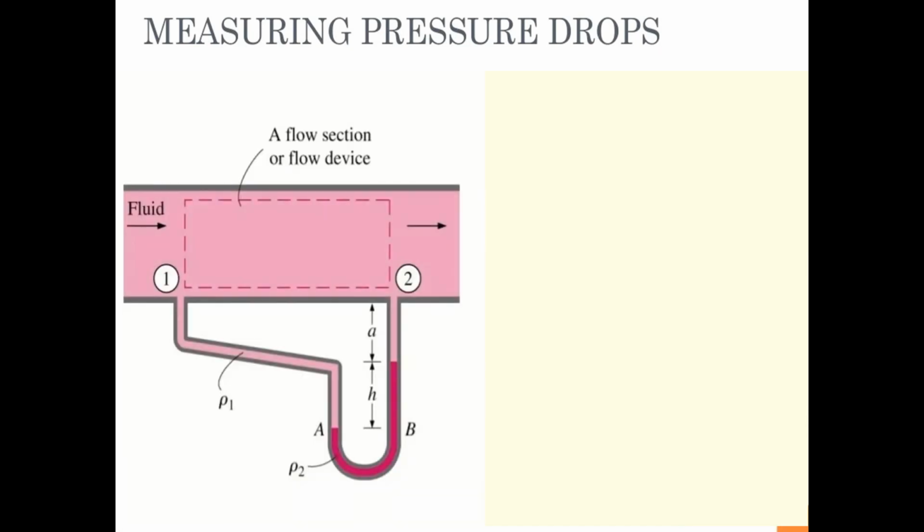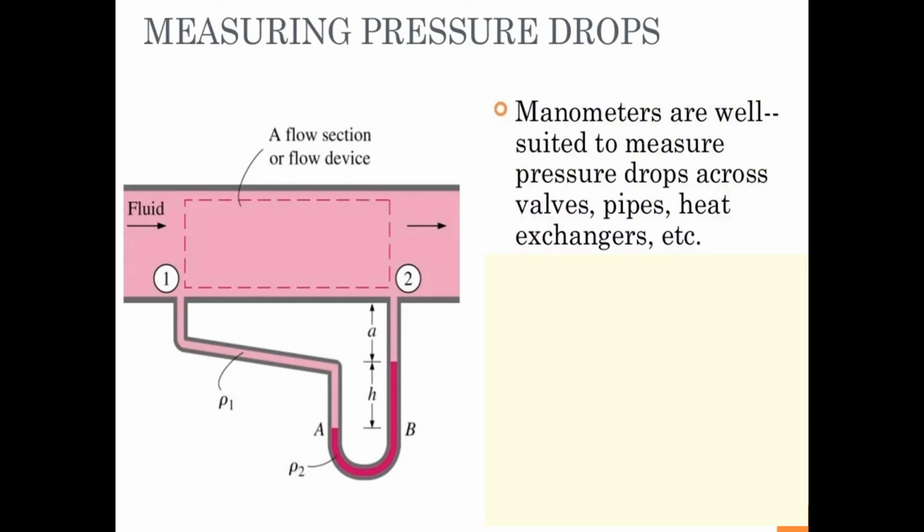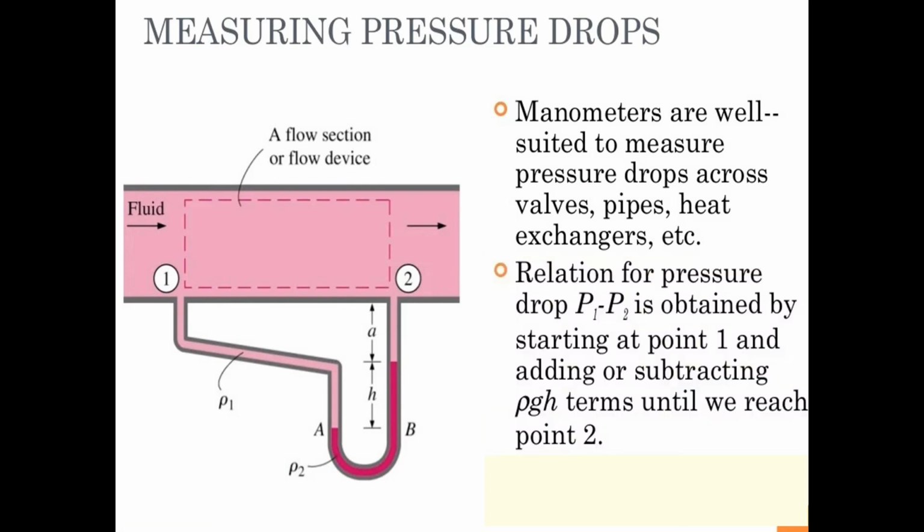So the concept of measuring pressure drops is again computation of pressure. Manometers are well suited to measure pressure drops across valves, pipes, heat exchangers, and the like. Relation for pressure drop P1 minus P2 is obtained by starting at point 1 and adding or subtracting gamma H terms until we reach point 2.